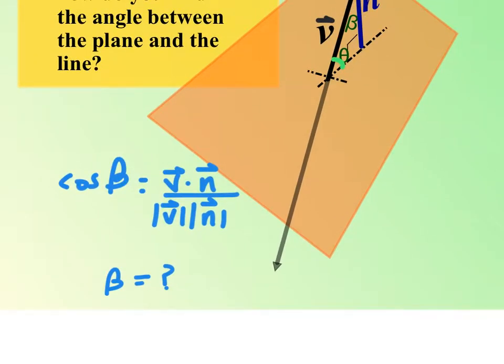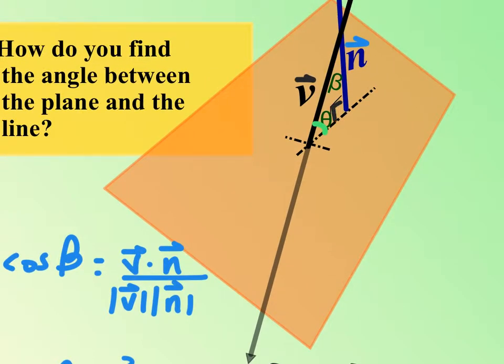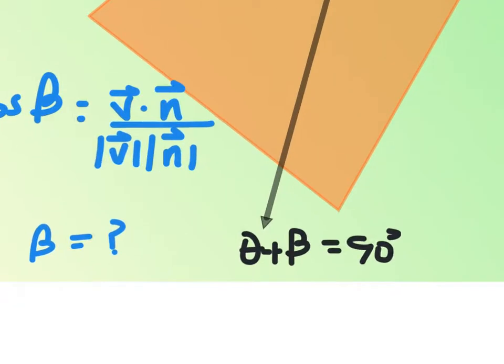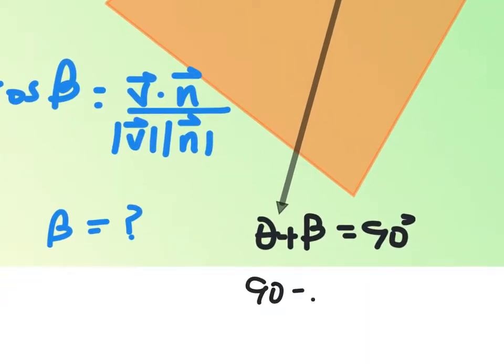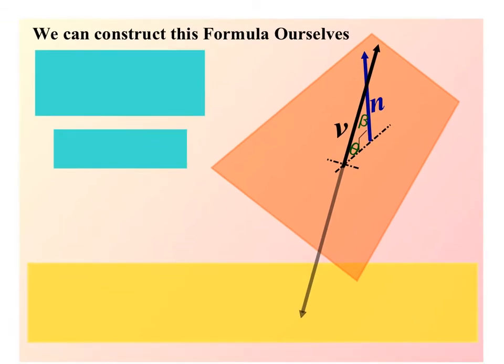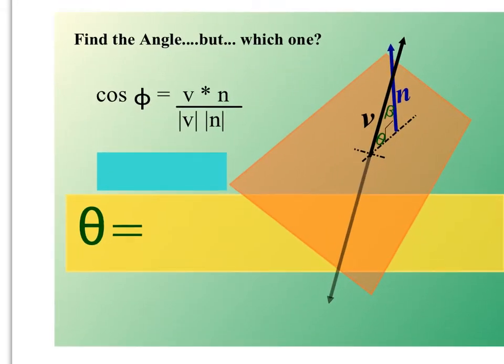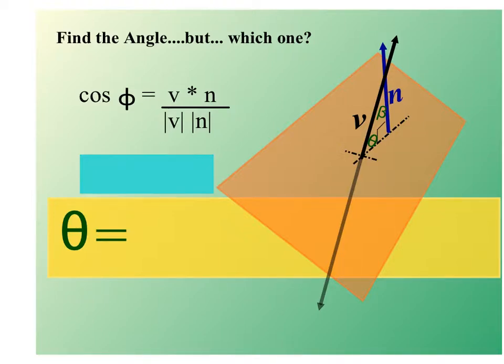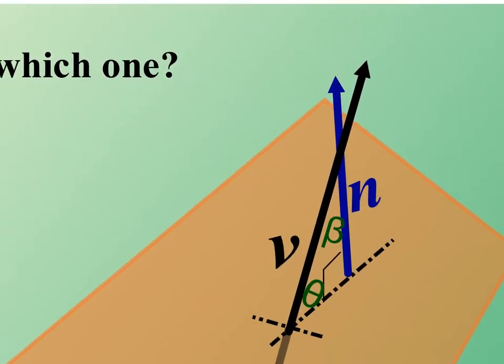Now theta and beta are related in this way. Theta plus beta should equal 90, right? Because the normal, as you can see here, is always perpendicular to the plane. So if I take 90 minus beta, I should be able to then find theta. This slide doesn't matter now because I already basically formulated what we're about to use, so skip it. Cosine of phi, I know why there's a phi there.